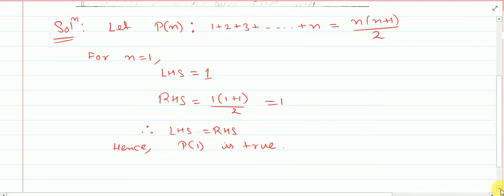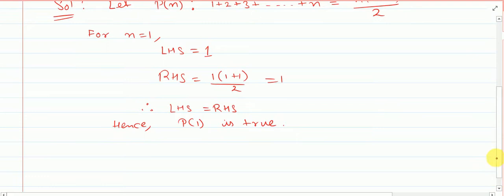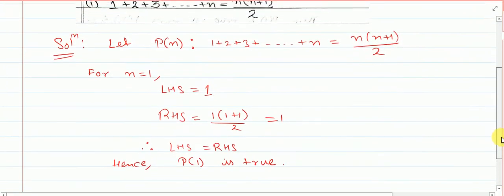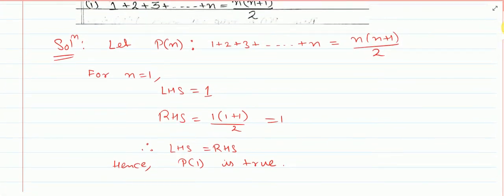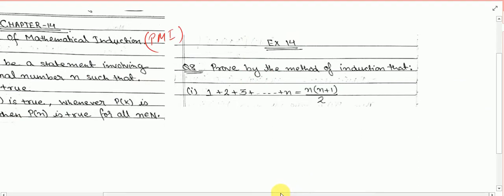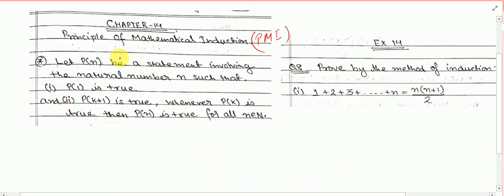Done. As we had seen over here, first we have to show that P1 is true, and then we have to assume that Pk is true, and then using this assumption we have to show that Pk plus 1 is true.